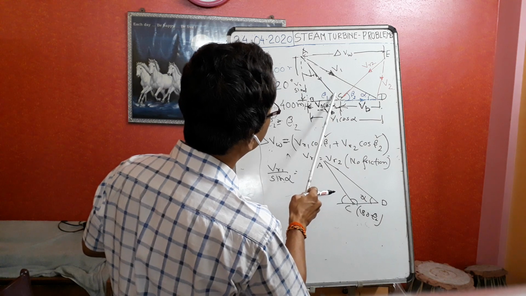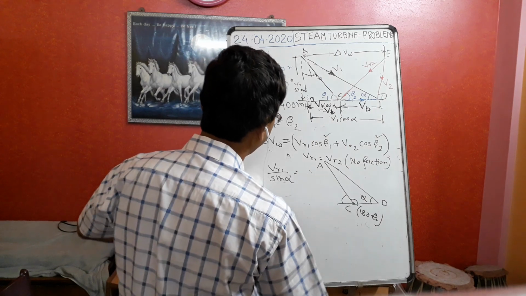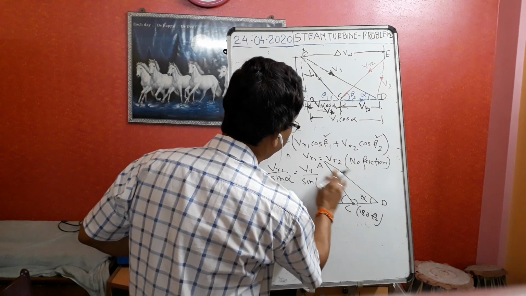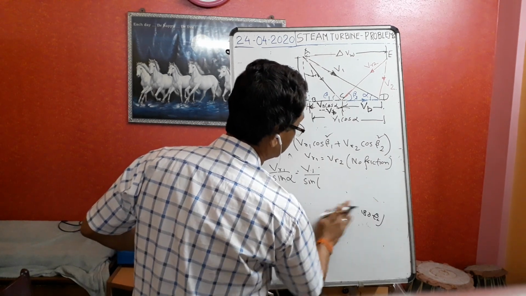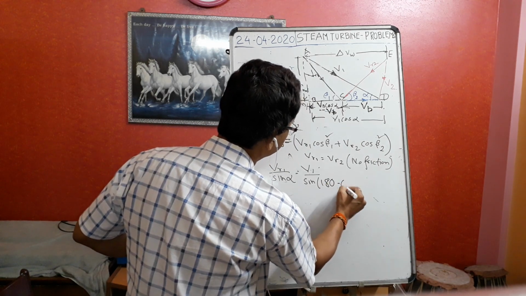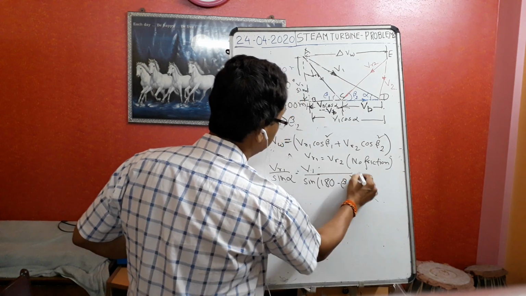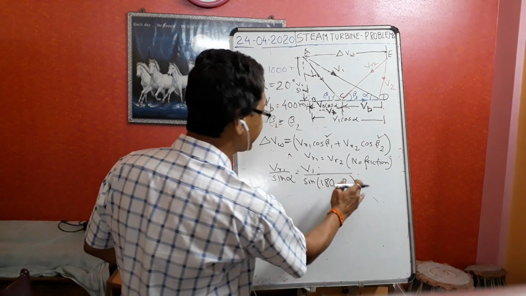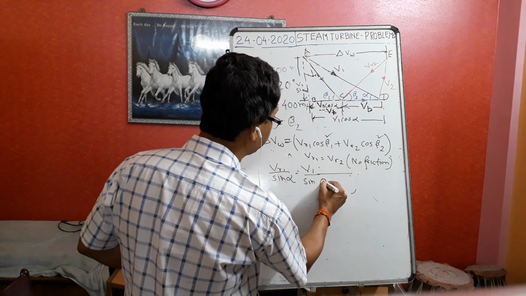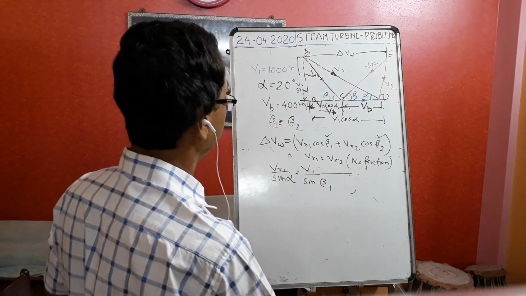Because this is beta 1, what will the inside angle be? 180 minus beta 1. So sin(180 minus beta 1) is equal to sin beta 1.